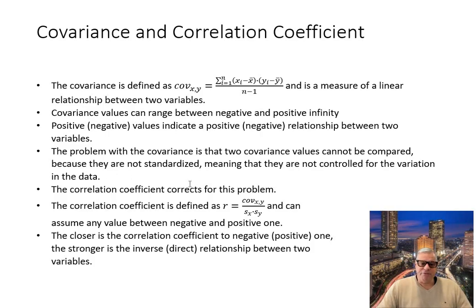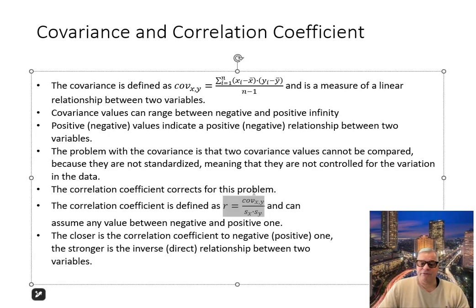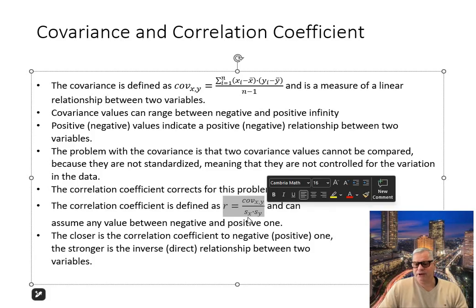But if we control for the standard deviation of each variable, then we standardize the data and make it comparable. Whenever we take the covariance and divide by the product of the standard deviation of each variable, we get the so-called correlation coefficient.